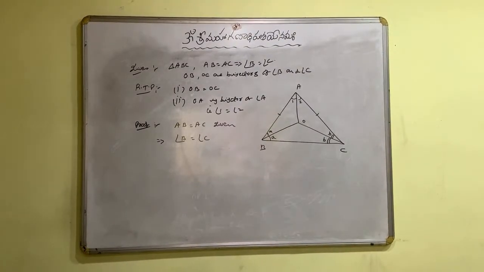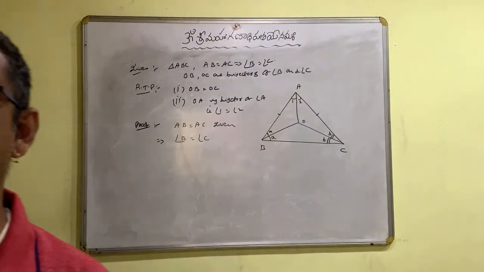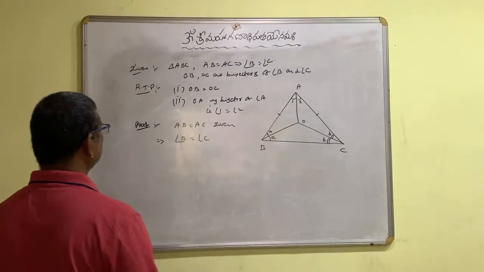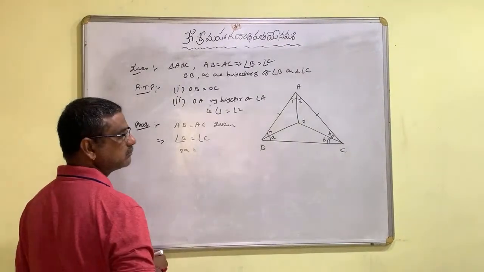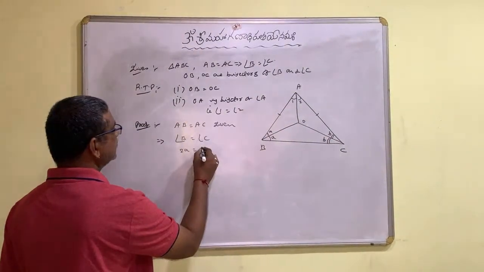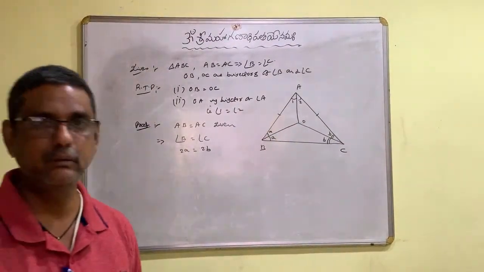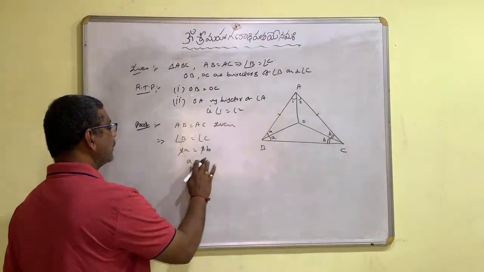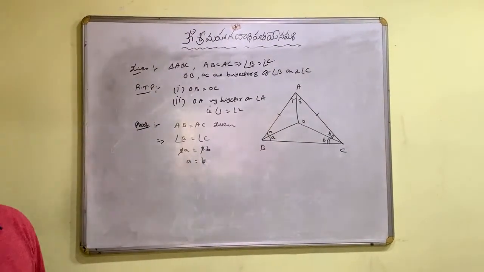Now, what is angle B? It is nothing but 2A. What is angle C? It is nothing but 2B. Now, these two get cancelled. What is remaining? A is equal to B.